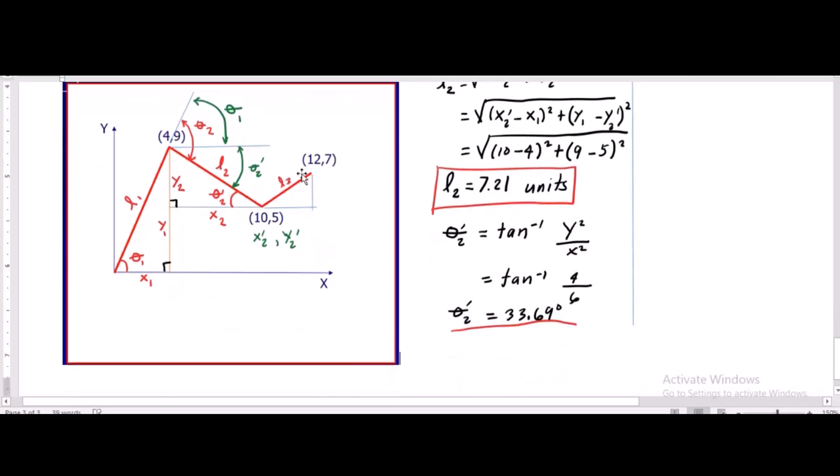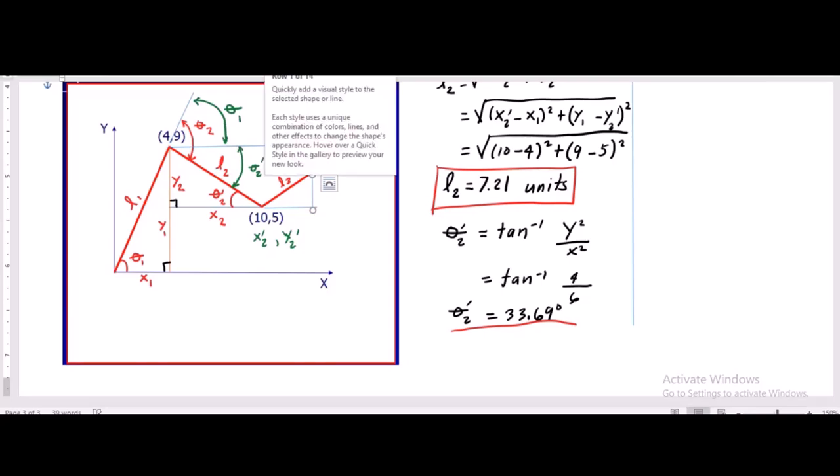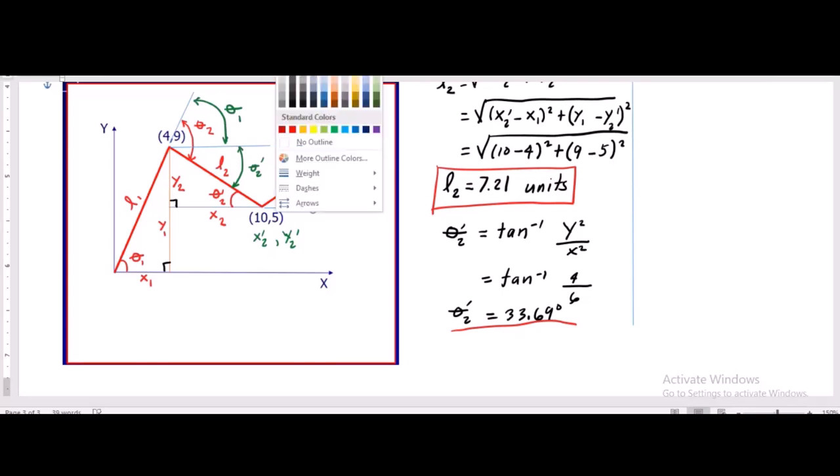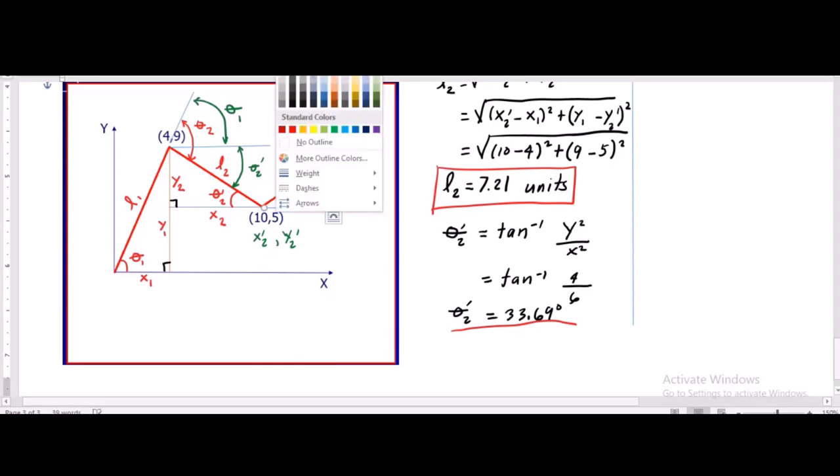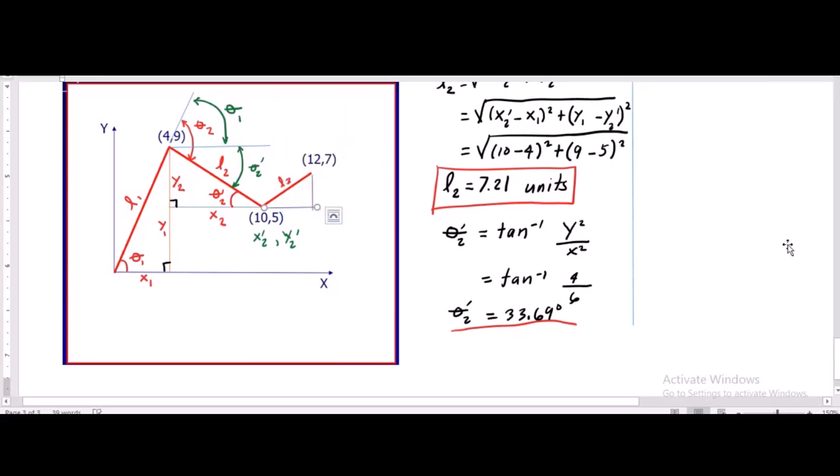So let me change first the color of the line for a while. Let's change that to another color, magenta, and this one another color, magenta. Okay, that's it.